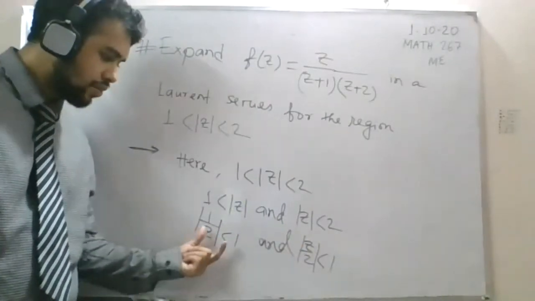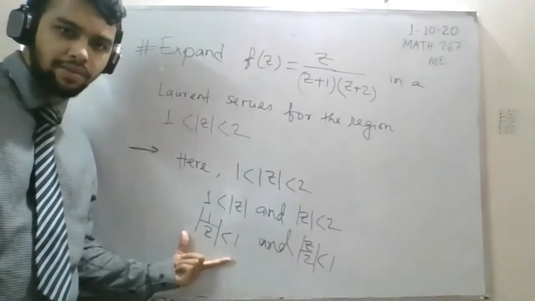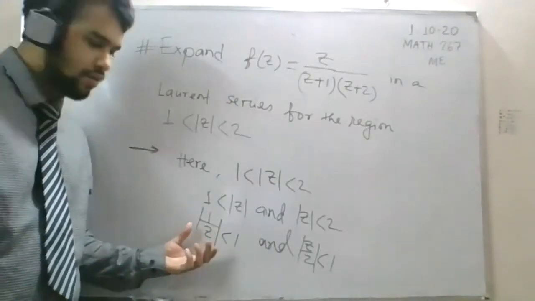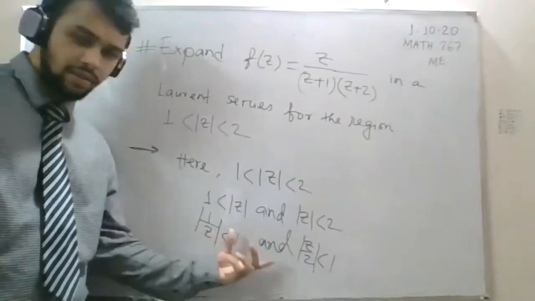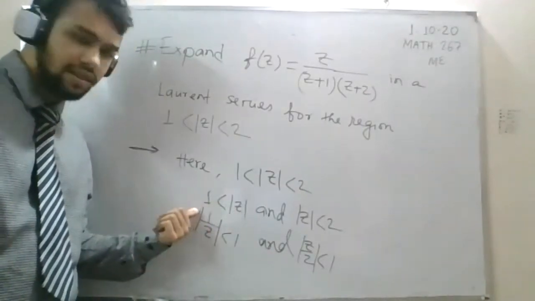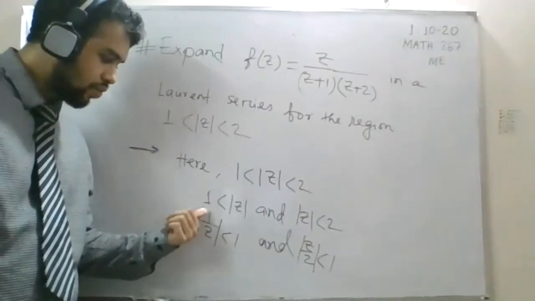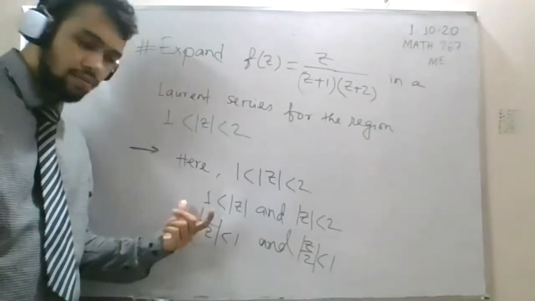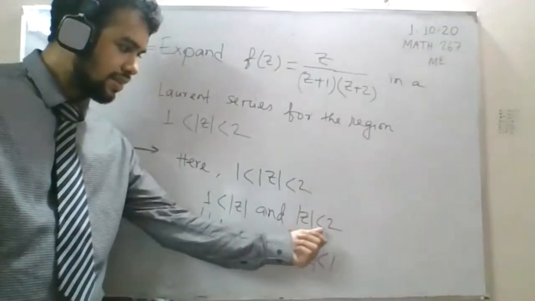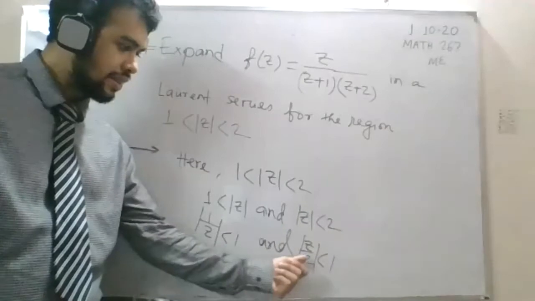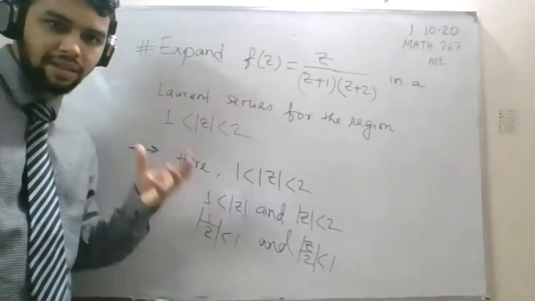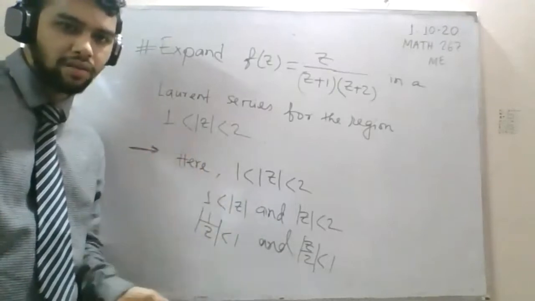In this case I have already told you that the condition will be modulus of something less than 1. To make that, here I divide by modulus of z. So you can get modulus of 1 by z less than 1, and also here just divide by 2, you can get modulus of z by 2 less than 1. Just think only about making it less than 1.